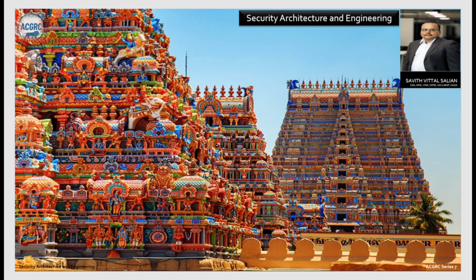In phase 1, we set the groundwork with core concepts. We unpack security models like Bell-LaPadula, Biba, Clark-Wilson. We understand system architecture and its principles, including the trusted computing base and the reference monitors.